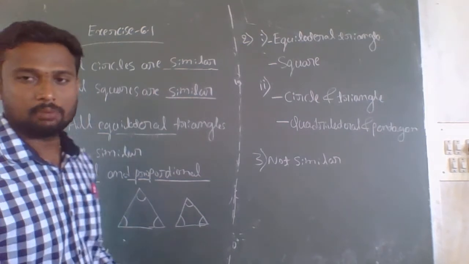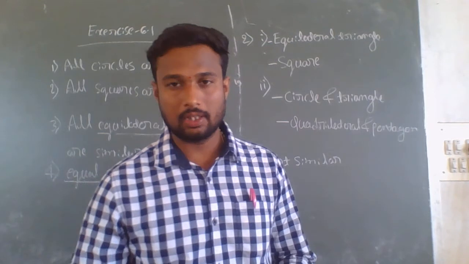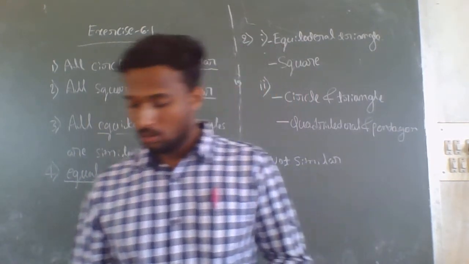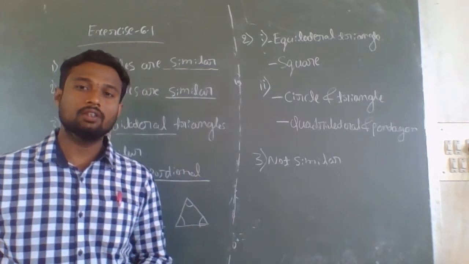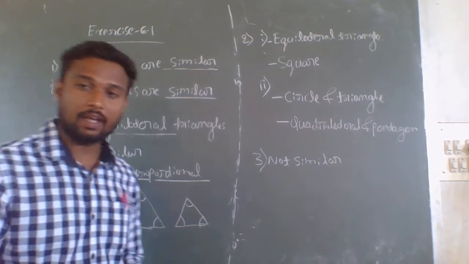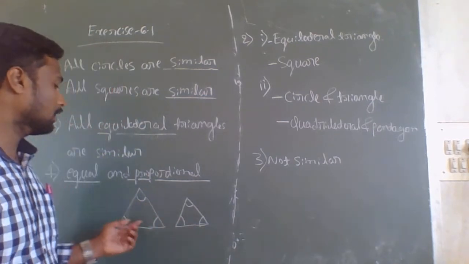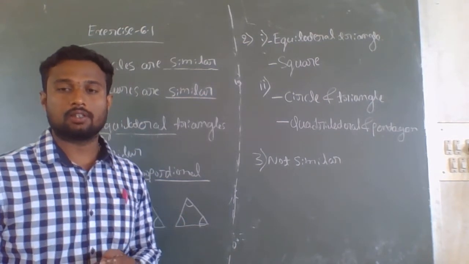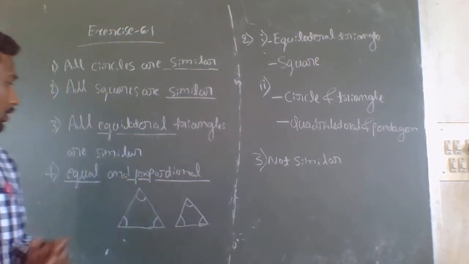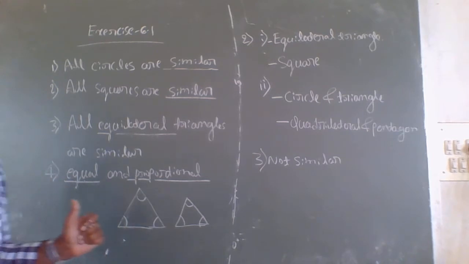Two polygons, it may be a triangle or quadrilateral, pentagon, hexagon, anything. Two polygons are said to be similar if their corresponding angles are equal to each other. Then only we can consider it as similar. Therefore, the first answer is equal.